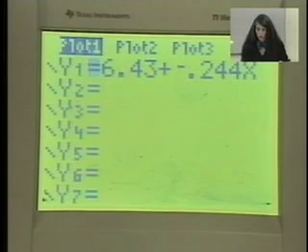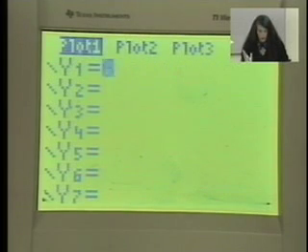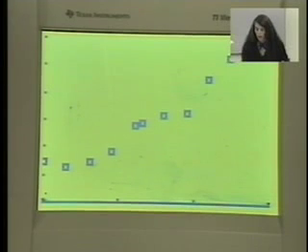And if we would want to clear this equation, what we would do is arrow over to the right-hand side of the equation, and we could press clear, and that would get rid of the equation. And the equation is deleted. All right, now let's press graph, and there's our scatter plot.